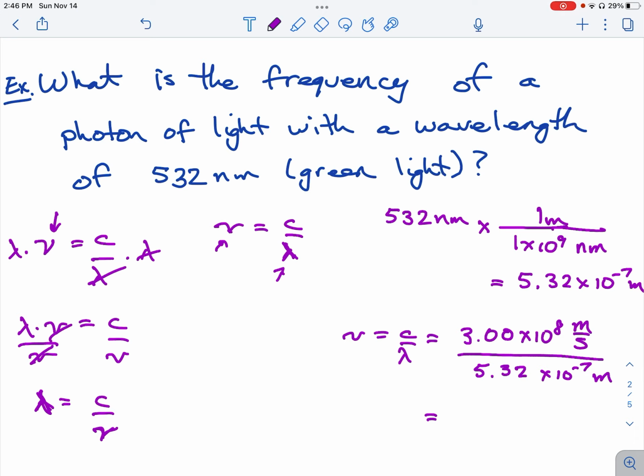You've got to be careful here because of scientific notation. Everybody's calculator is a little different. The way that I prefer you do this is that you enter this as 3.00, and then you find a button on your calculator that either is a capital E or sometimes a double capital E, but it shows up as a single E on the calculator. And then 8.